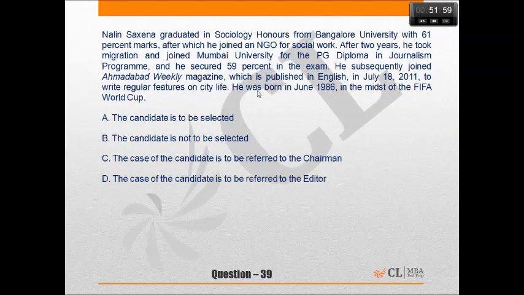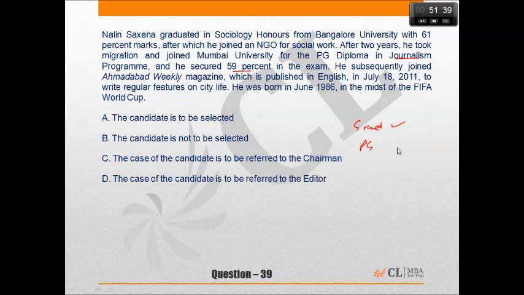Nalin Saxena graduated in sociology from Bangalore with 61% marks, after which he joined an NGO for social work. So graduation is fine. Social work is useless for this role. After 2 years, he took migration and joined Mumbai University for a PG diploma in journalism, fine, 59%.